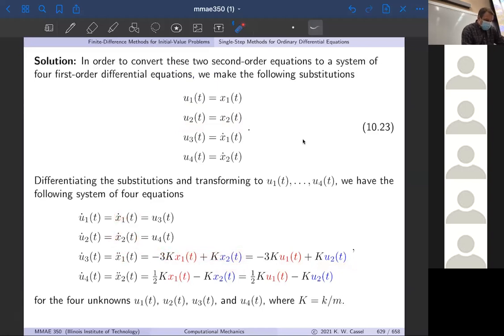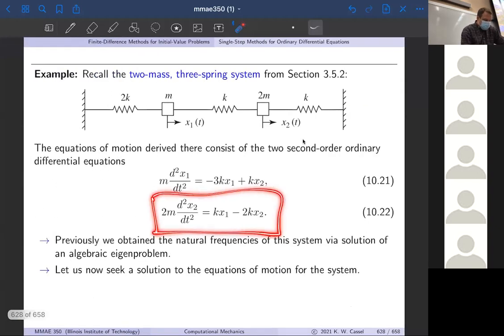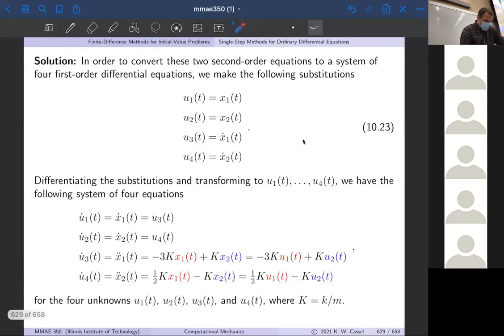The fourth equation, same thing. U4 is x2 dot. So U4 dot is x2 double dot. Get the idea here? Same process. X2 double dot, that comes from the second equation, divide through by the 2m. And I have a half cap K x1 minus cap K x2. Oh, yeah, right. X1, that's U1. X2 is U2.